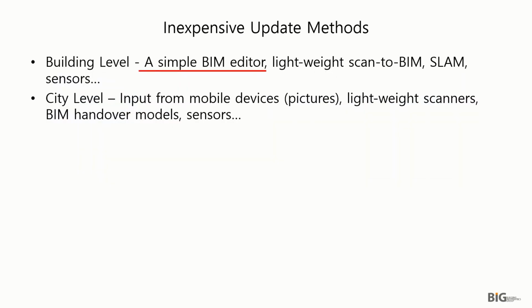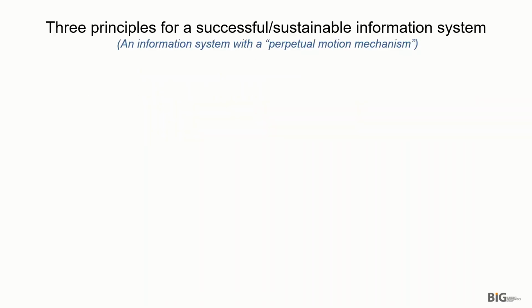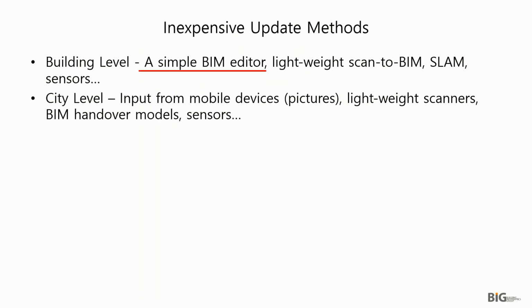There can be many ways to do it. I think we need to have a simple BIM editor. We don't need a full-scale BIM authoring tool to update a model. This is one area that we can take a look at. For example, let's say there is a facility manager or asset manager, and there is a space which was a large space but has been divided into several rooms.